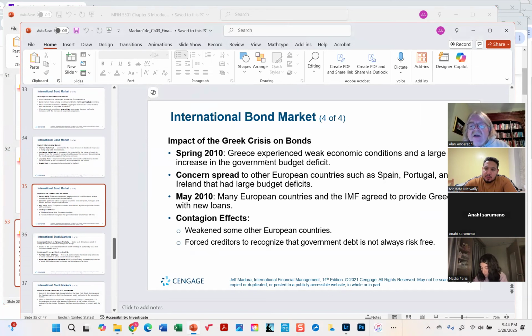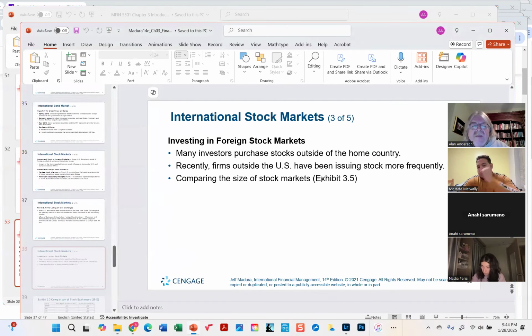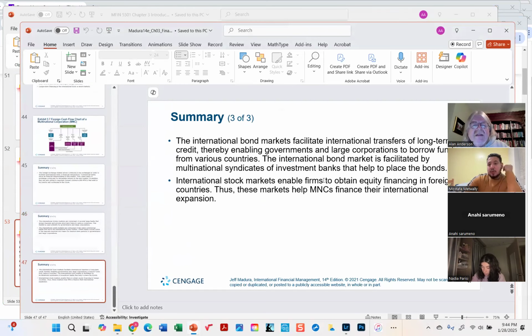This happened a couple of times, in 2010 and 2015, but it hasn't happened yet. They did not have to drop out. So the euro is still in force, but there were a couple of times when it seemed like they were getting close to the brink. Anyway, I think that's enough of that.